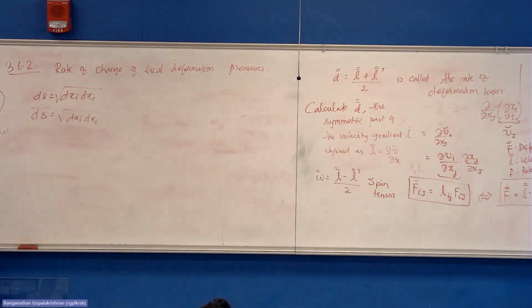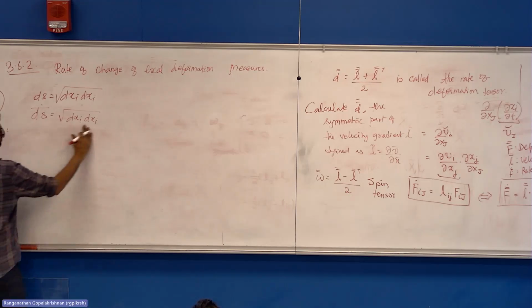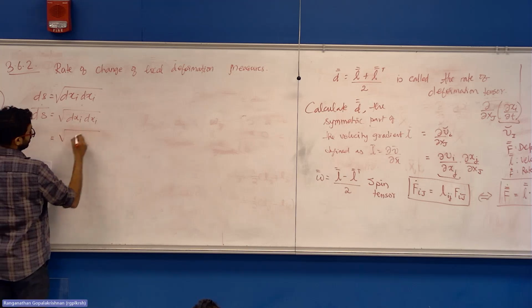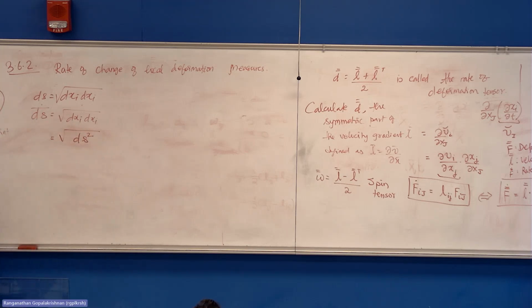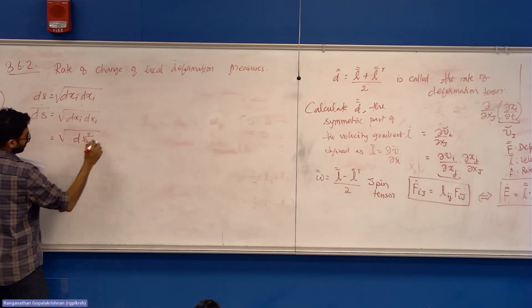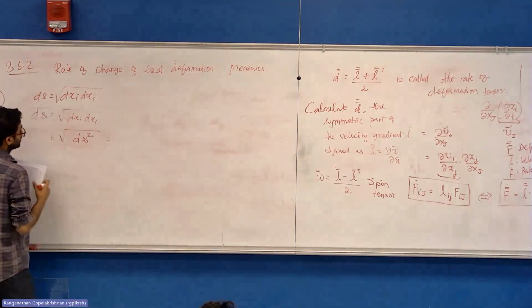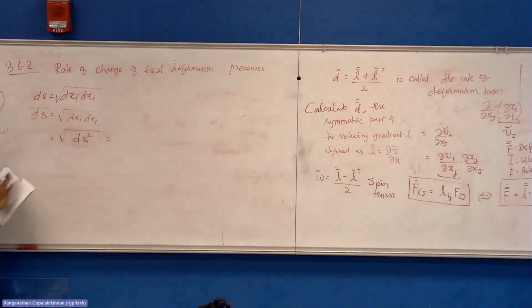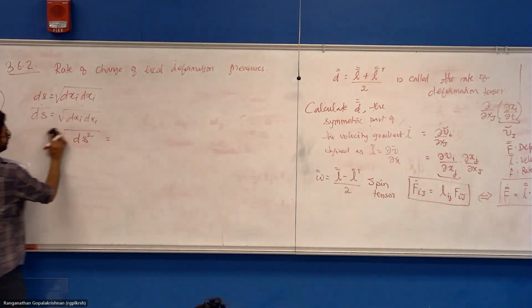Start from here, dxi dxi. So this is the square root of ds squared. So I'm going to substitute for ds squared. You're right.